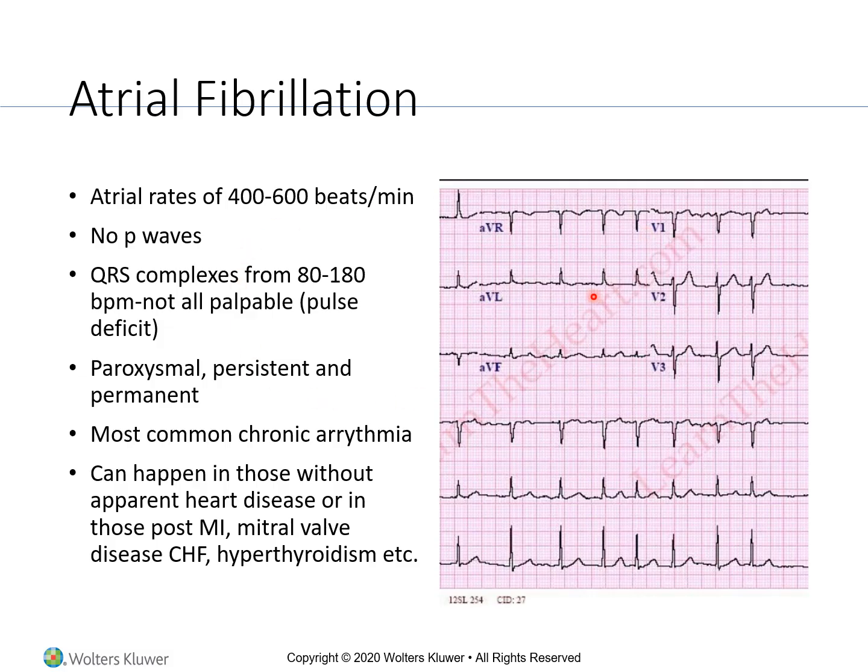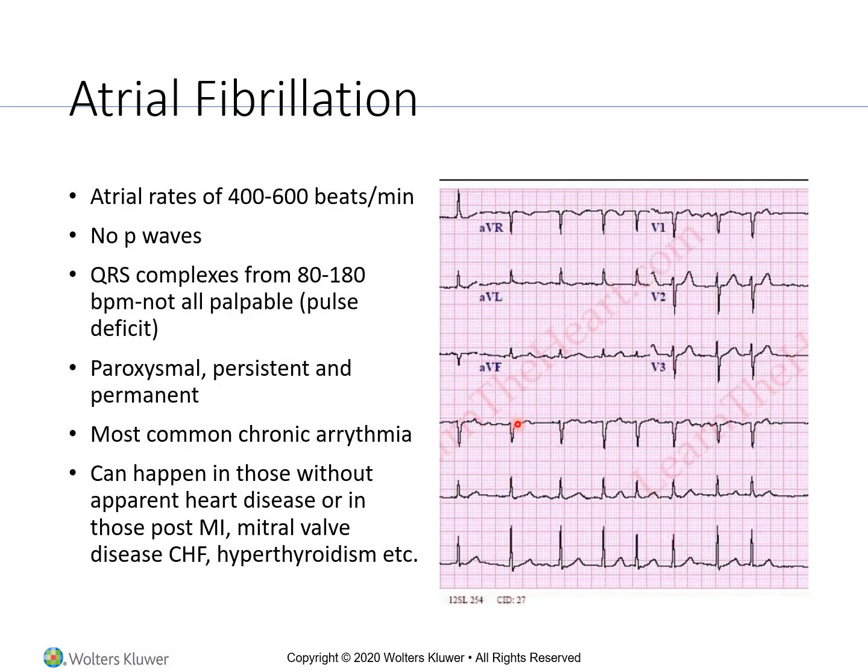But sometimes, depending on the speed of the ventricles, not all of the contractions of the ventricles may be palpable, meaning if you take someone's peripheral pulse, like at their radial pulse, you might not feel every single one of those QRS complexes as a peripheral pulse.